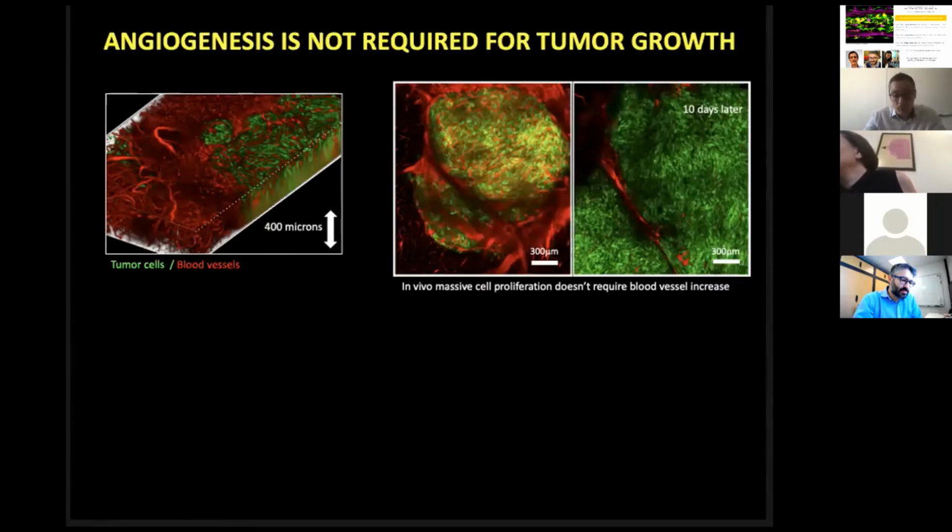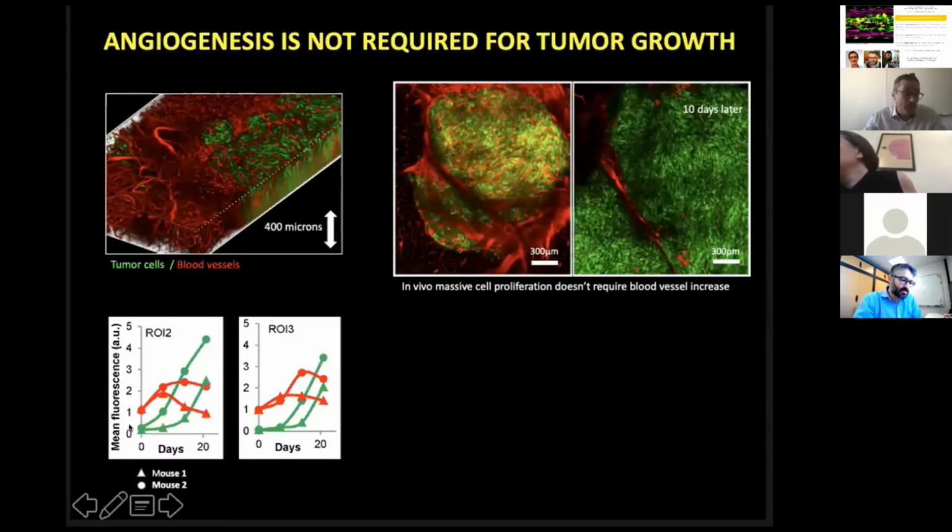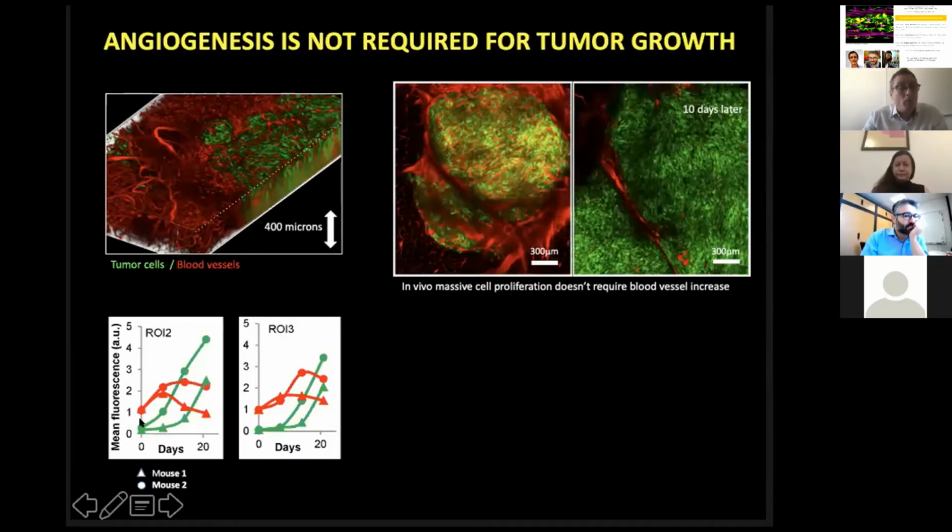no more blood supply. This was confirmed by quantitative measurement, where we saw on several mice that the blood supply became stable over time, while the glioblastoma cell proliferation remained.